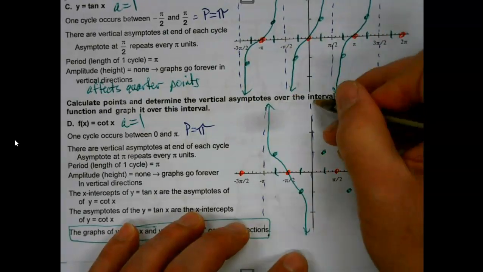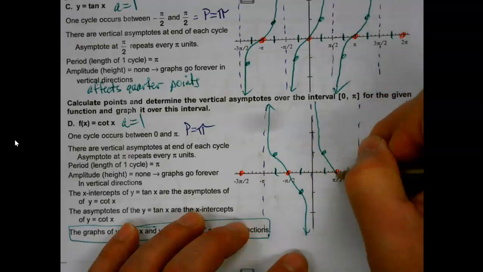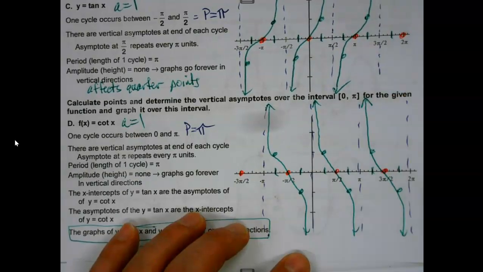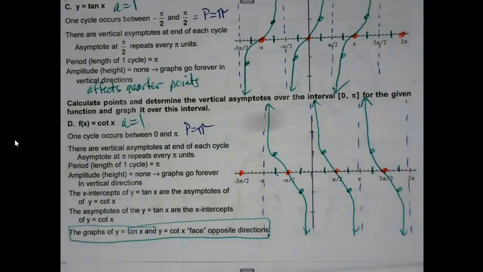And again, don't worry if your graphs aren't perfect. I still mess these things up too. It happens. And down we go. Again, I'm not worried right now about you firing off exact values for quarter points and having negative pi over 4, negative 3 pi over 4, and smashing all those in and making everything a mess and getting confused.